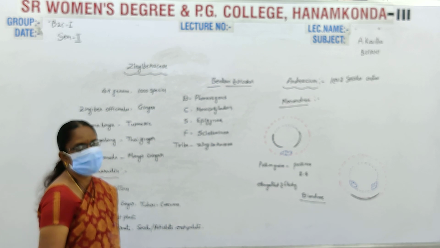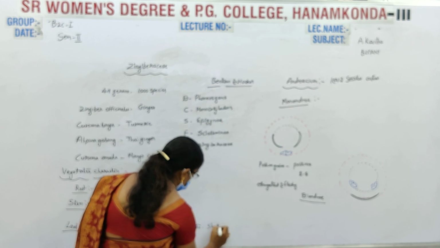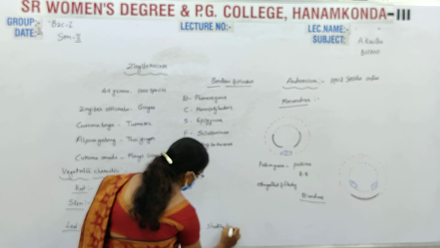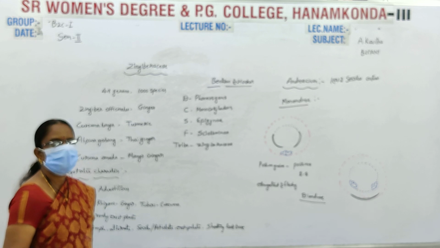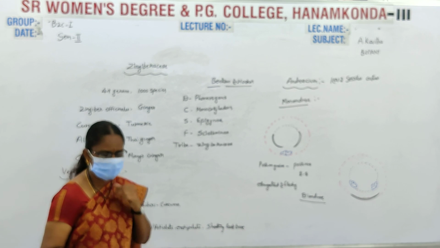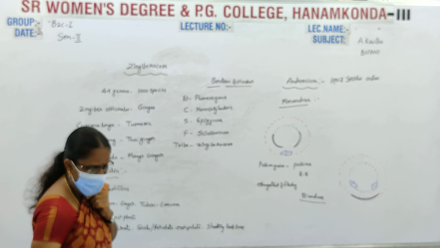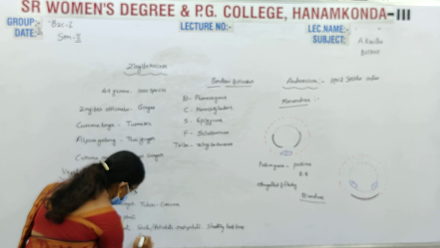Sheathing leaf base is present, which is also present in the Poaceae family. Sheathing leaf base and the leaves are ligulate.